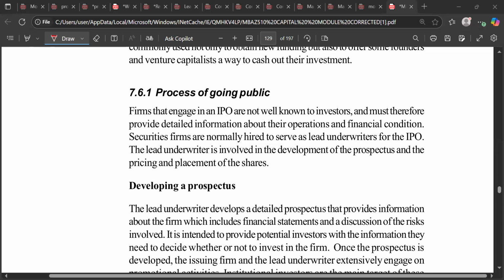Secondly, you prepare a prospectus. So this includes preparing your financials, your strategies, and your risk disclosures. Thirdly, you look at your roadshow and book building. So you're gauging investor interest and setting prices. And then fourthly, you go on to listing and trading.